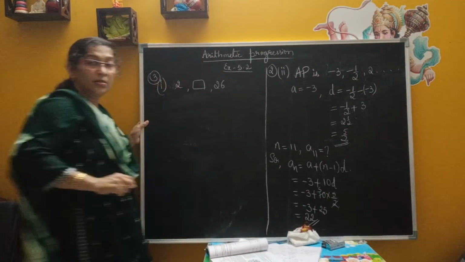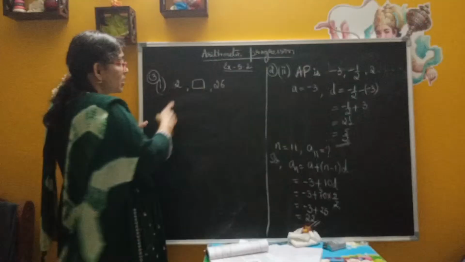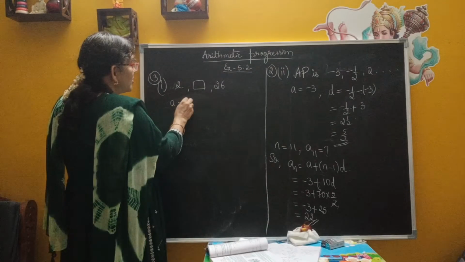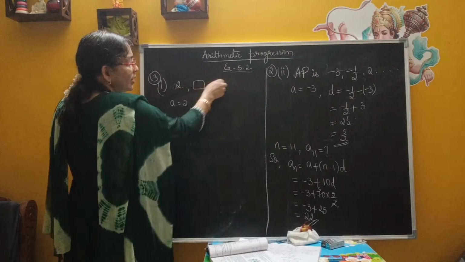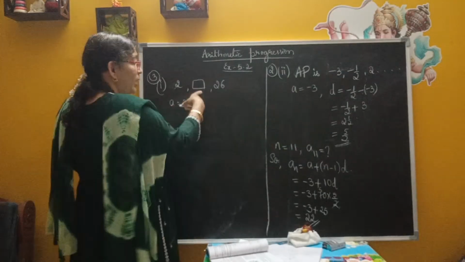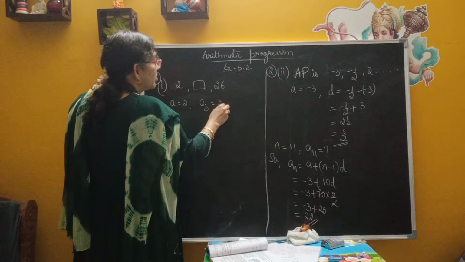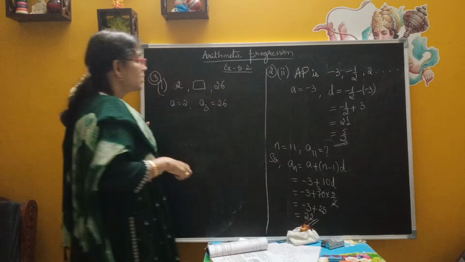This is the given AP, so there are only 3 terms. What is a? a is equal to 2, a1 the first term. a2 is unknown. a3 is 26.